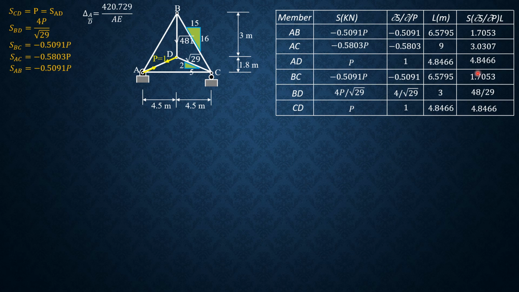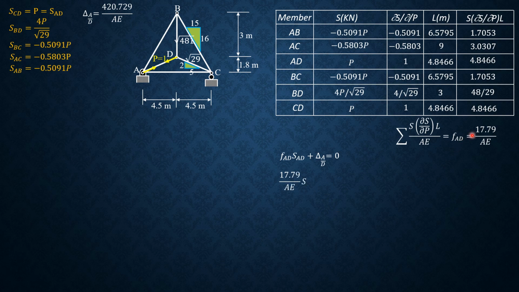Therefore, the summation of S, partial of S with respect to P, times length is the sum of these values in the last column, and that is FAD equals 17.79 over AE. So the compatibility equation: FAD times SAD, which is P, plus delta A relative to D, 420.729 over AE, equals 0.